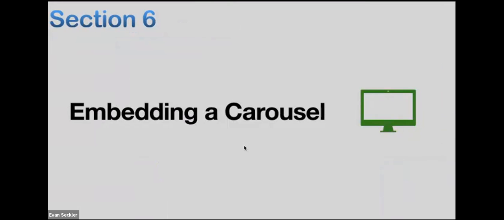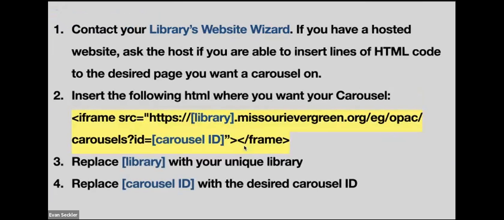And embedding a carousel. Again, it's not hard, but it requires some precise inserting of code on your website. As I mentioned before, if you have a hosted platform that has building blocks, such as WordPress, they usually have a very simple building block, and it gets complex when you want to enter your own snippets of code.